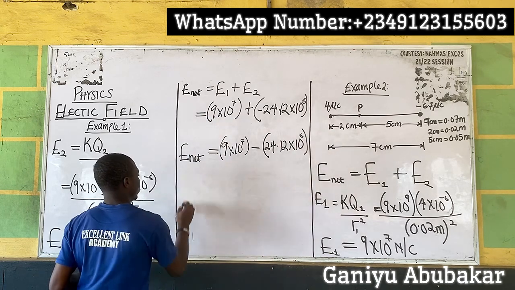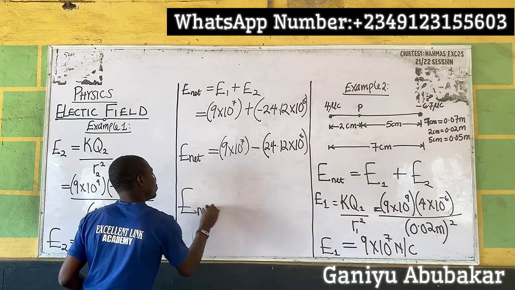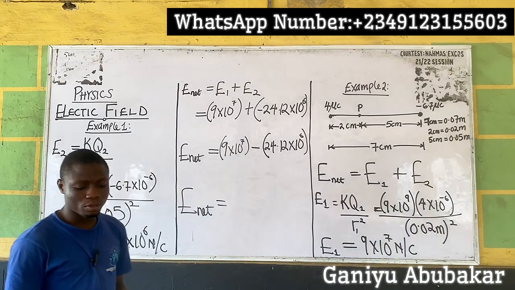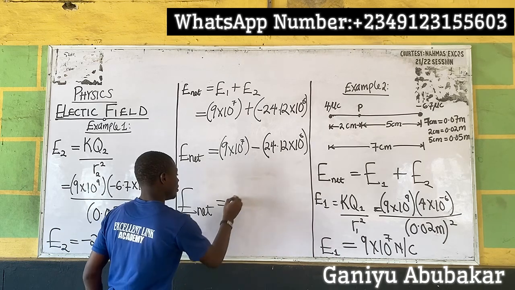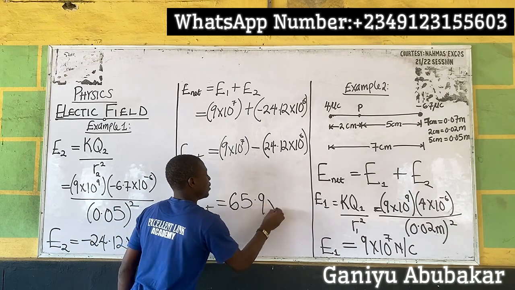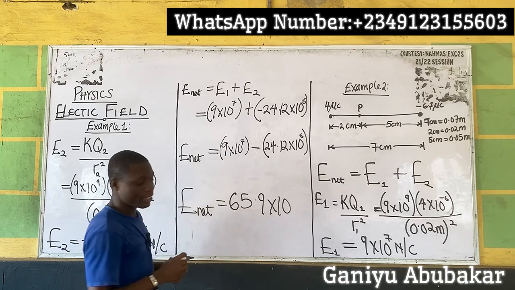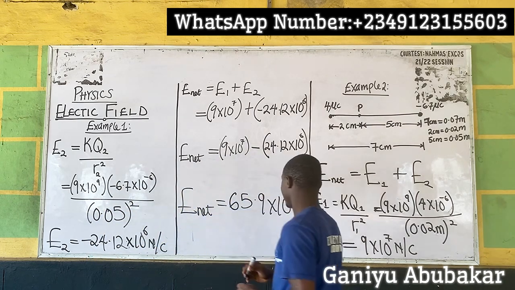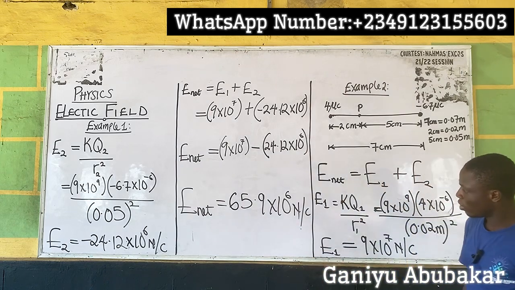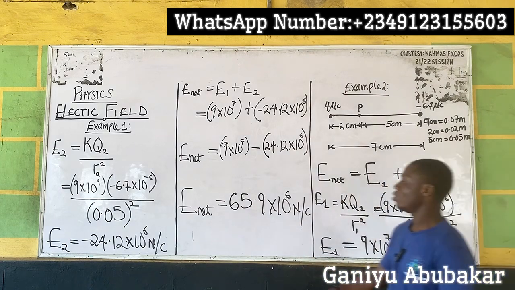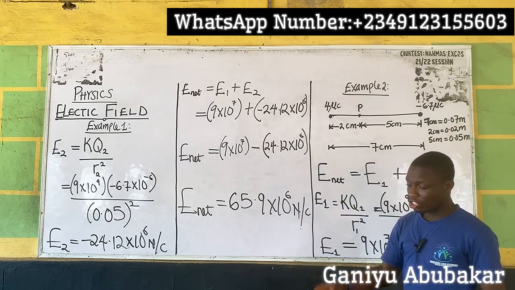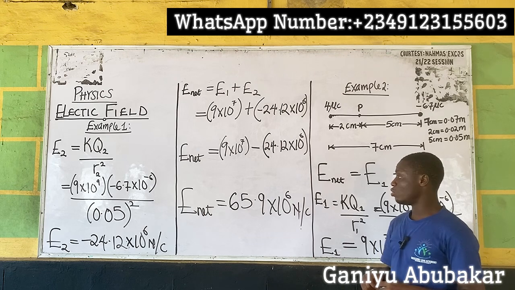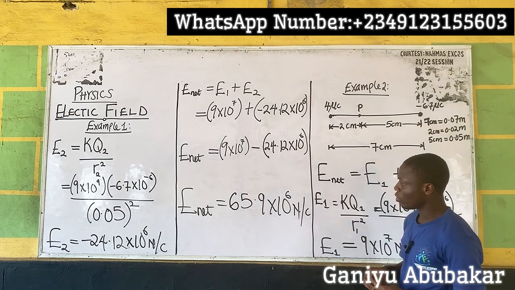So subtract these two values together, and I will have about 65.9 times 10 to the power 6 Newton per coulomb. This becomes your value for the electric field at point Q due to charge Q1 and charge Q2. This becomes your answer to that question.